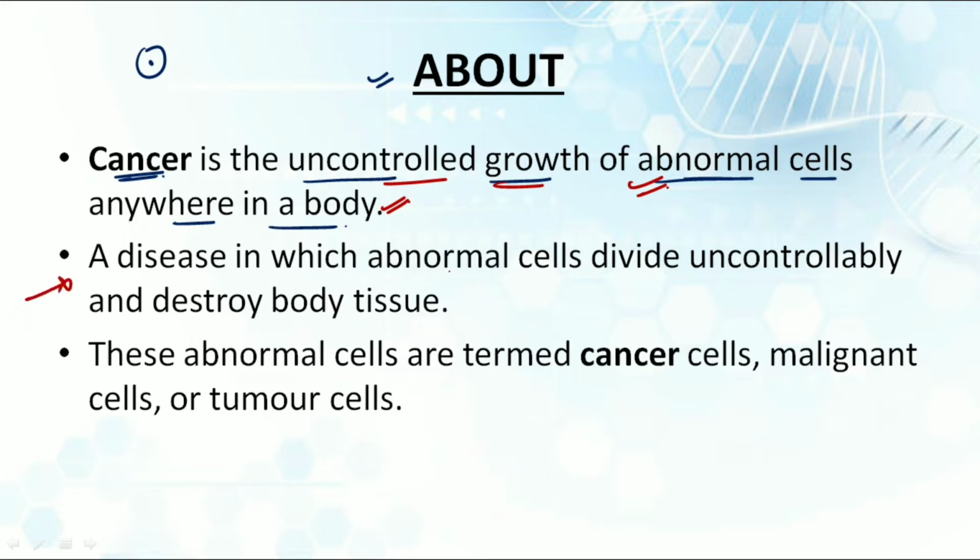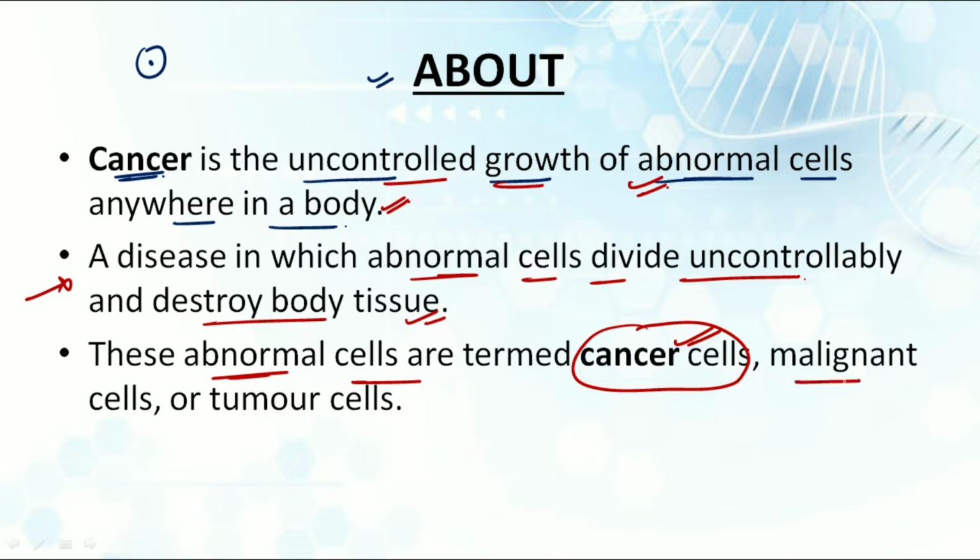It is a disease in which abnormal cells divide uncontrollably and destroy body tissue, as we have just discussed, and these abnormal cells are termed cancer cells, malignant cells, or tumor cells.